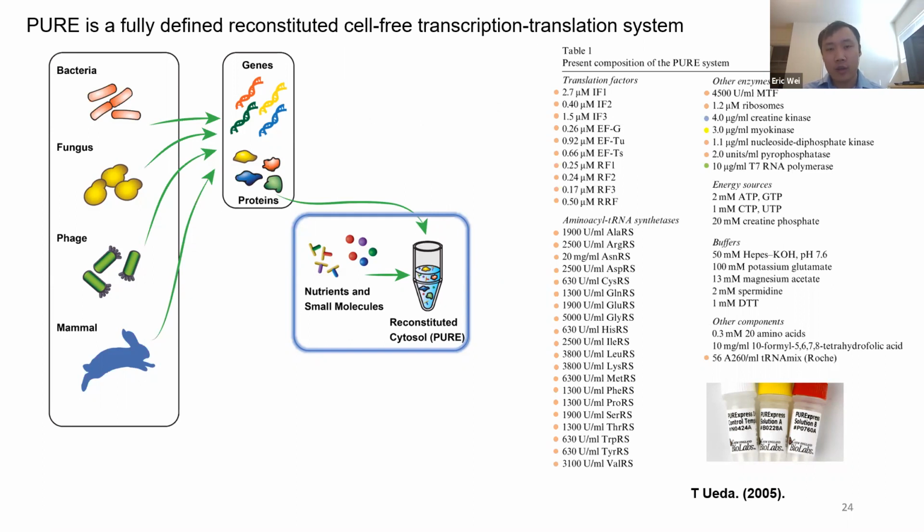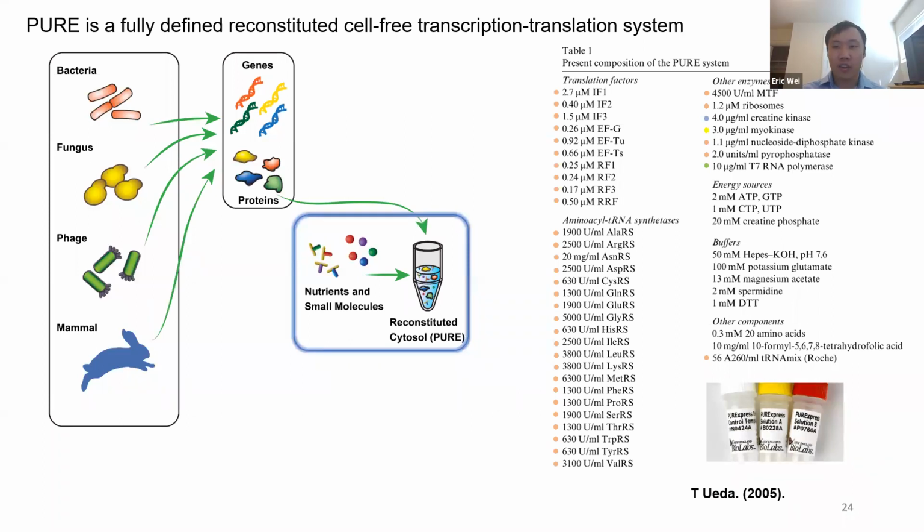So in terms of what PURE can exist as, in the US, you can buy it off the shelf from NEB, known as PURE Express. I believe in Europe and Asia, PURE Frex is the more prevalent commercial brand.